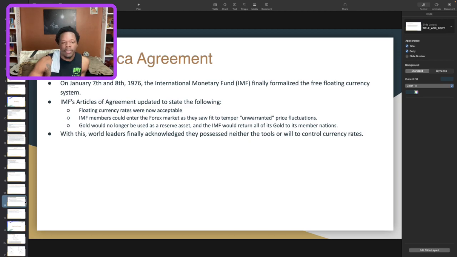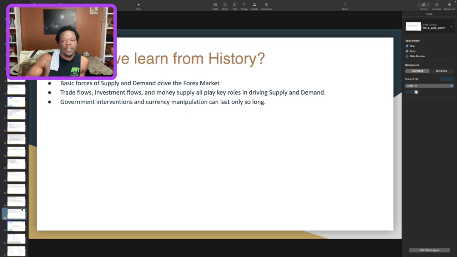Gold would no longer be used as a reserve asset, and the IMF would return all of its gold to its member nations. With this, world leaders finally acknowledged they possessed neither the tools nor the will to control currency rates. Basically, world leaders try to manipulate the currency markets, but you'll often find that it's not often that you'll be able to do so.